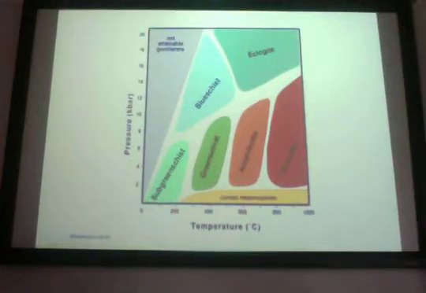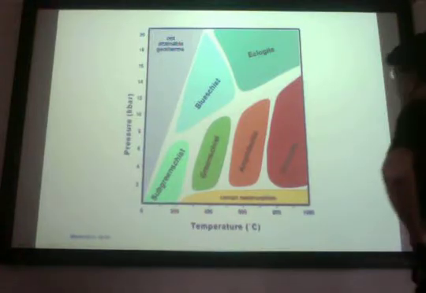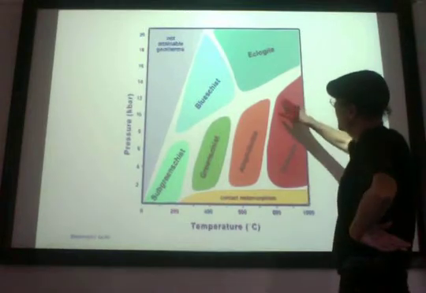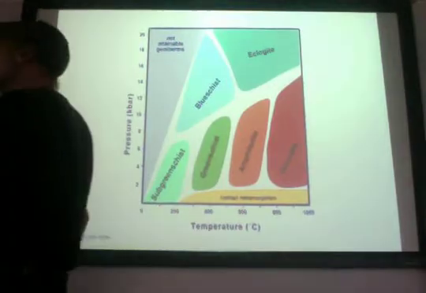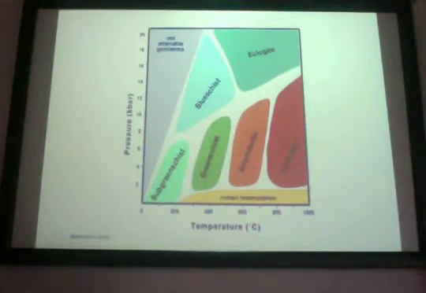The 2-pyroxene granulite, consisting of orthopyroxene and clinopyroxene, is formed at higher temperatures, whereas the 1-pyroxene granulite, which contains only clinopyroxene, is formed at higher pressures.